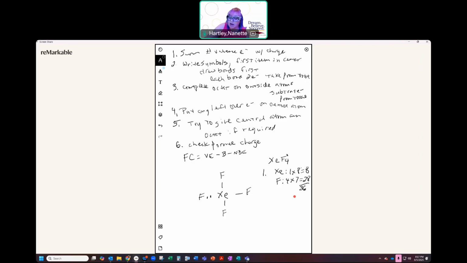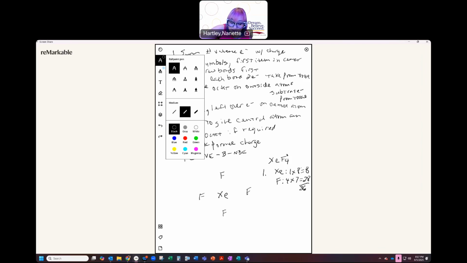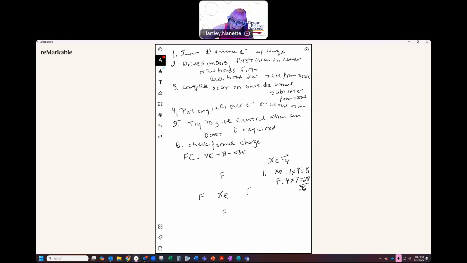So I subtract 8, because now I've taken up 8 of my total electrons by drawing those bonds. And actually, I meant to do something. There we go. So there, there, there, and there.